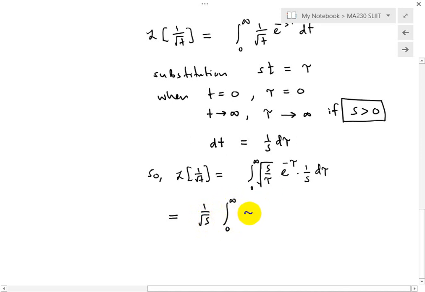So you have tau minus 1/2. So this is what we get. Okay. Now this doesn't look like anything you can simplify, something new, probably.